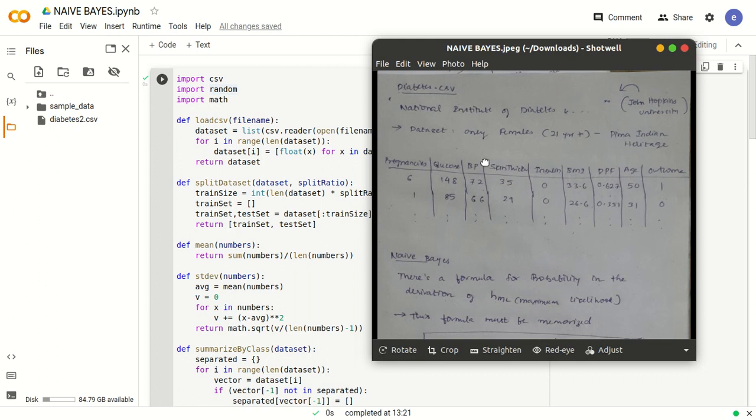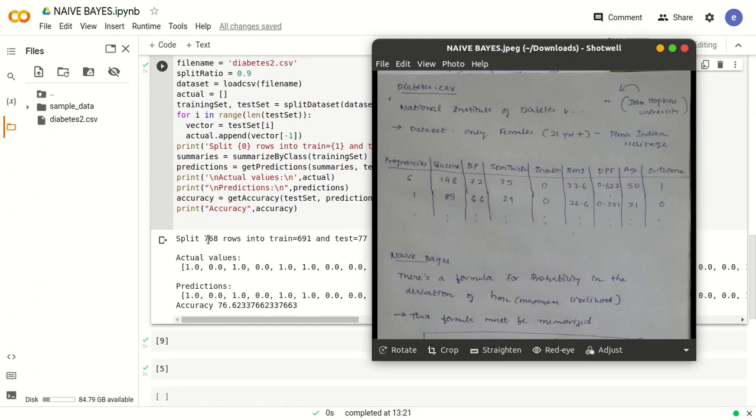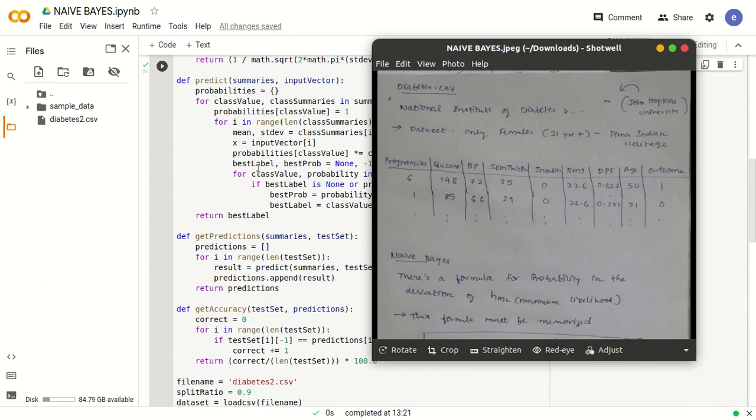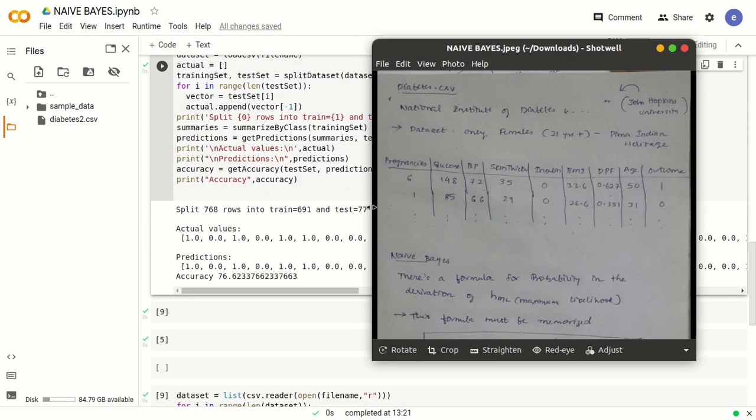And what we are trying to do here is, we have the dataset, which contains totally about 768 rows. What we are doing in this program is, we will split the dataset into training and testing datasets, and we will use this Naïve Bayes classifier on the test dataset to analyze how good the accuracy and efficiency of the classifier is. In other words, we already have the outcomes.